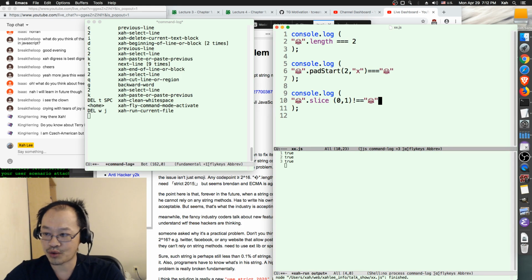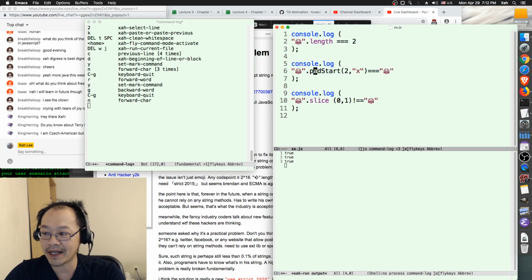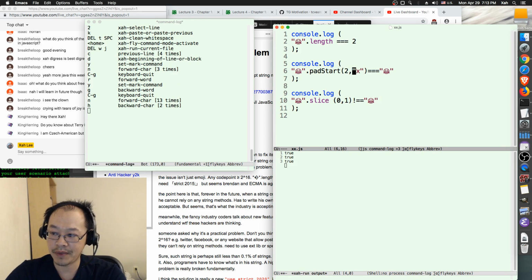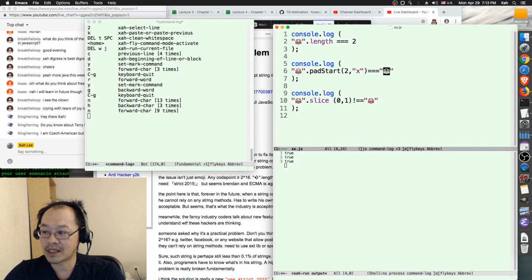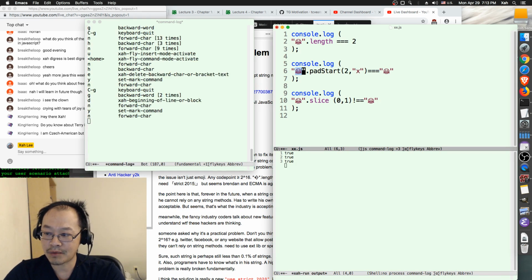All this returns true. So basically I have a string, and I want to use the method padStart, meaning I want to pad x in front of it, and I want the total length of the string to be 2. So I'm expecting x and the smiley, but instead it returns just the smiley. Why? Because this smiley character already has a length of 2.